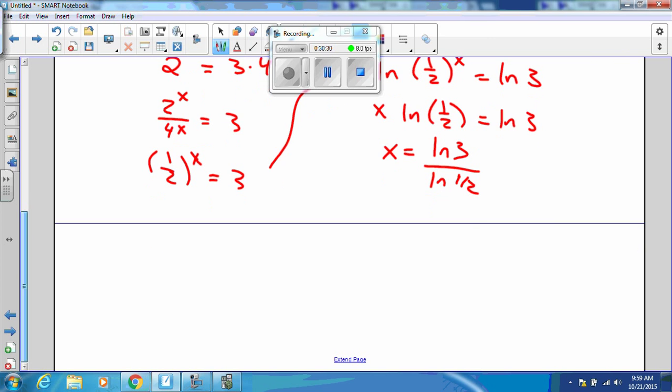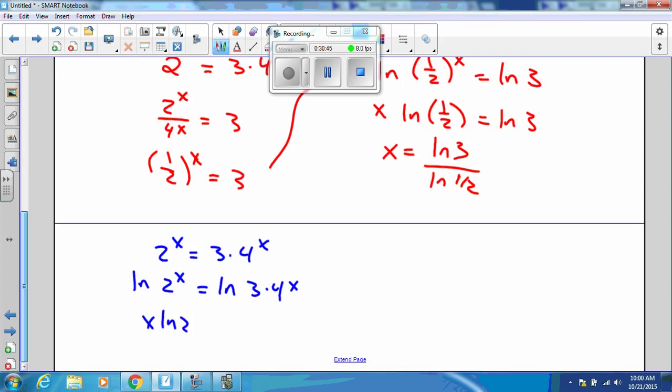Let me show you. What if I began this equation by taking the natural log of both sides? Well, on the left-hand side, I would get x times ln2 using my power property. On the right-hand side, I observe that I have first a product, so that I get ln3 plus ln4 to the x, which is equal to ln3 plus x ln4.